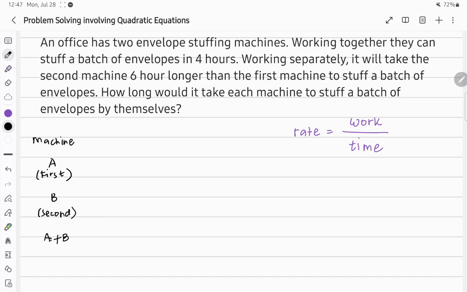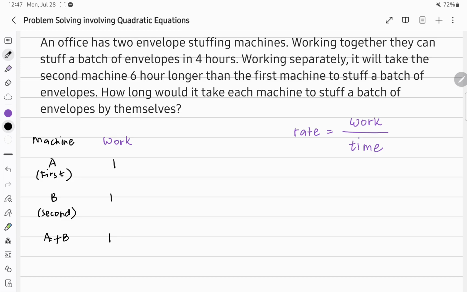Now, ang sabi dito, working separately, it will take the second machine 6 hours longer than the first machine to stuff a batch of envelope. So, lagay pala muna natin yung work done nila. So, ang pinag-uusapan lang naman natin is a batch of envelope. So, ang work lang ni first machine, ni second machine, and when they are working together is puro 1.